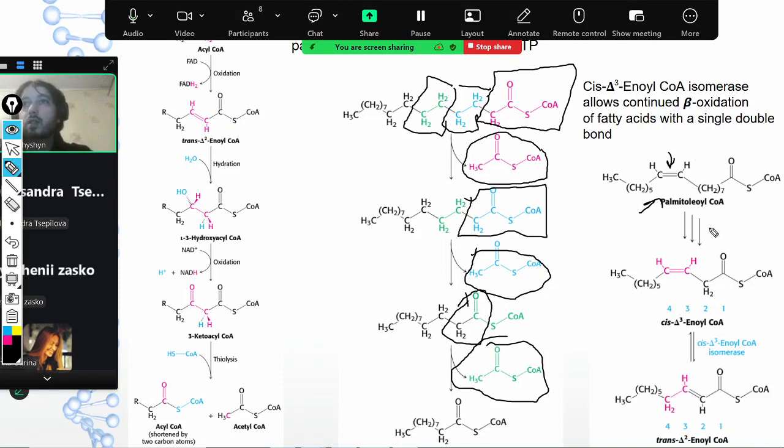And what happens? We are performing beta oxidation as always for a certain number of iterations, always removing 2 carbons at a time. But at some point we get to the situation where we have a carbon atom attached to carbon atoms with double bonds.